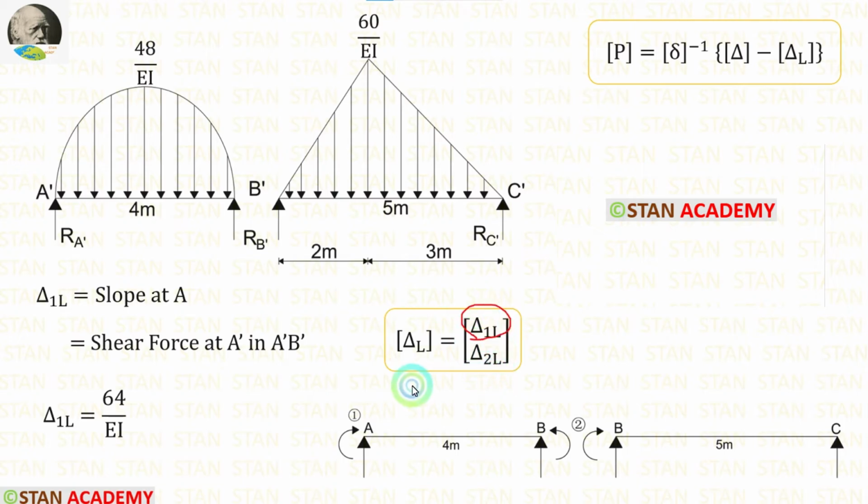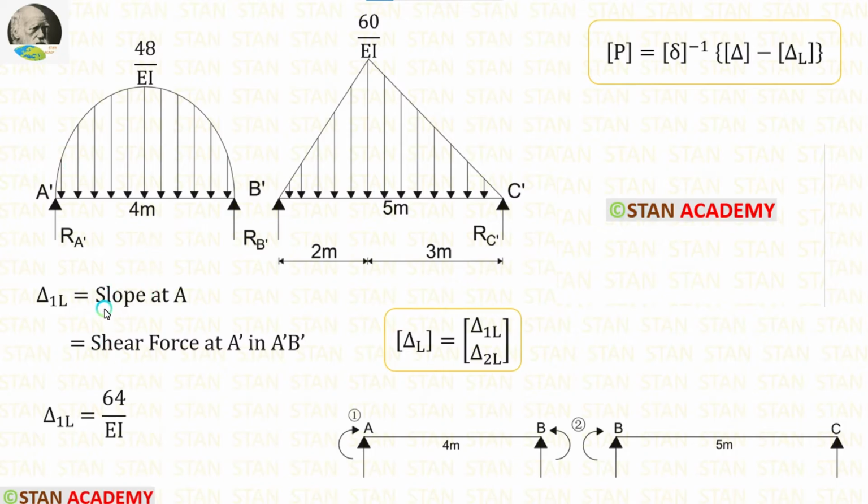Delta 1L should be calculated from the first coordinate, that is at point A. Delta 2L should be calculated from the second coordinate, that is at point B. Here there are two conjugate beams, A dash B dash and B dash C dash. We know that delta 1L and delta 2L are the slopes. First, let us calculate delta 1L, that is the slope at point A. In the conjugate beam, the shear force is the slope.